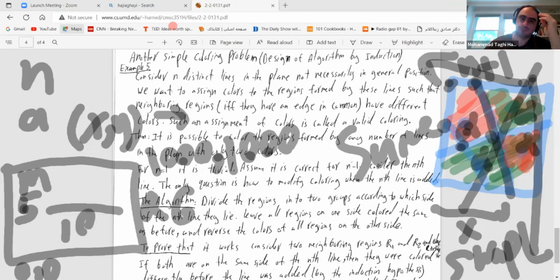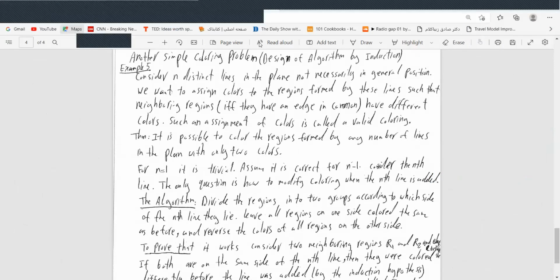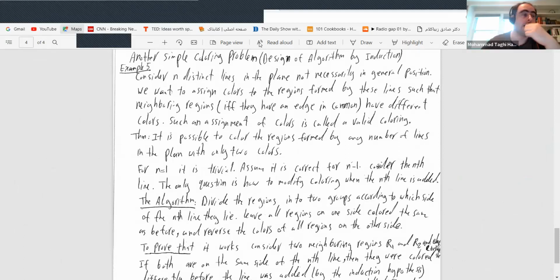Any question? Sorry for going back, but for the other problem, the n regions problem, how do we know that if the two lines weren't intersecting in that region, each line would add n regions?